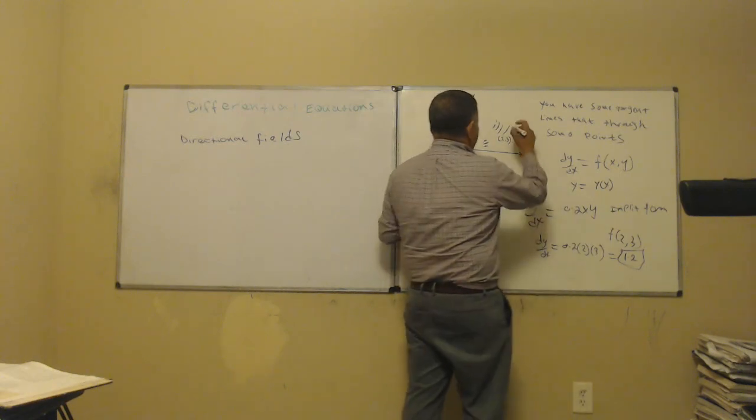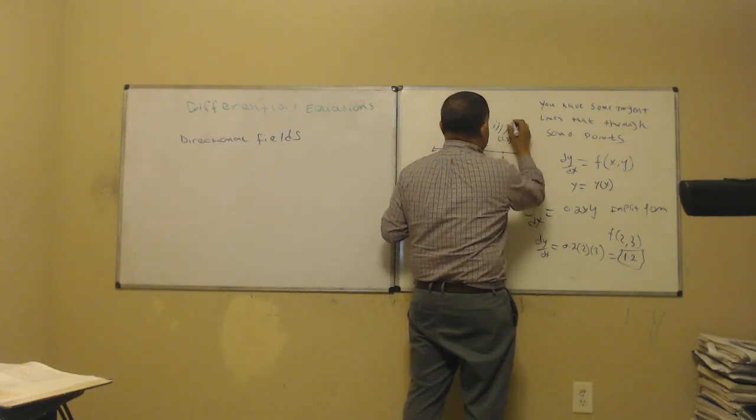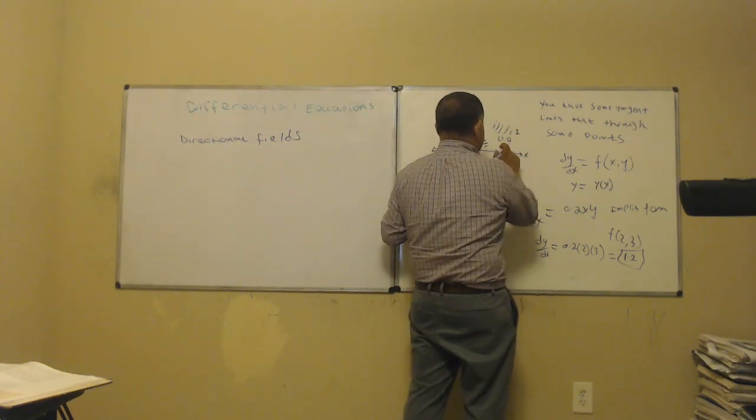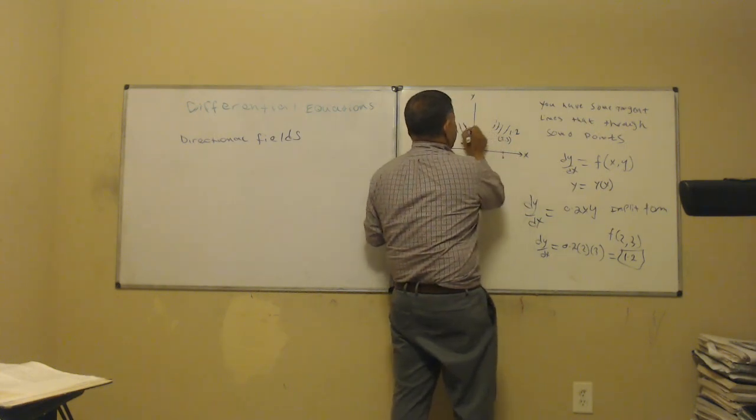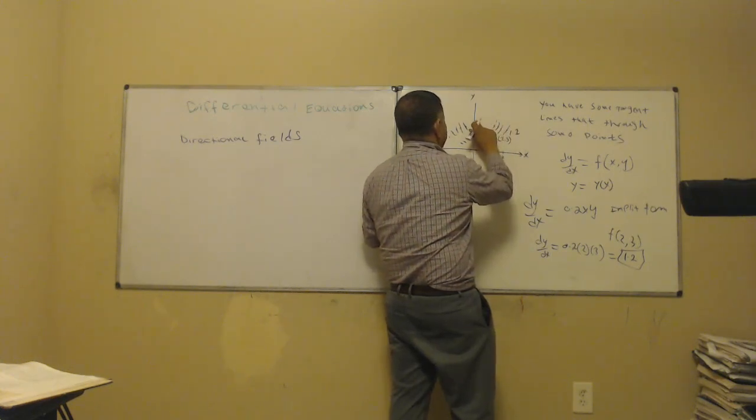At this point right here, we say that x was 2 and y is 3, around that point. Is where we calculate the first value.